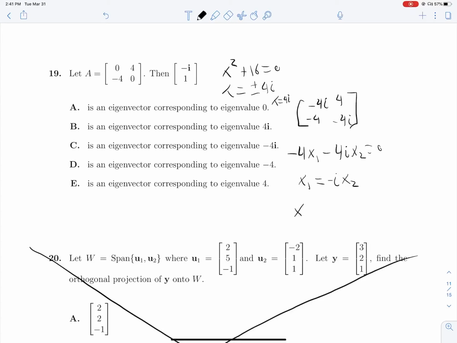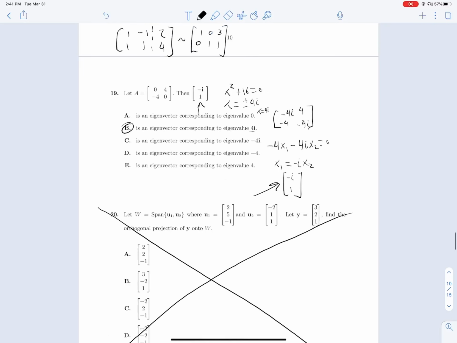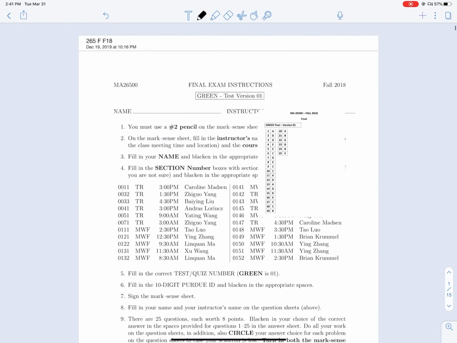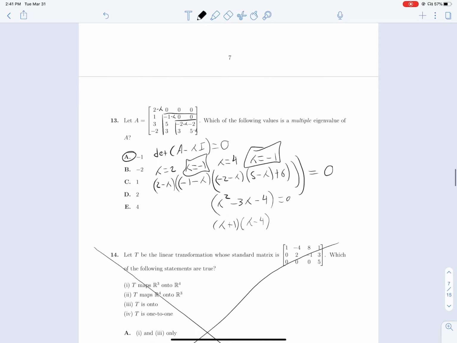We can express this solution in terms of x2 if x2 is a free variable. x1 is equal to negative i x2, and x2 is equal to 1 of itself. So we see that this, in fact, is our corresponding eigenvector, and it corresponds to our eigenvalue of 4i, and it matches up here. So B is our correct answer for 19.